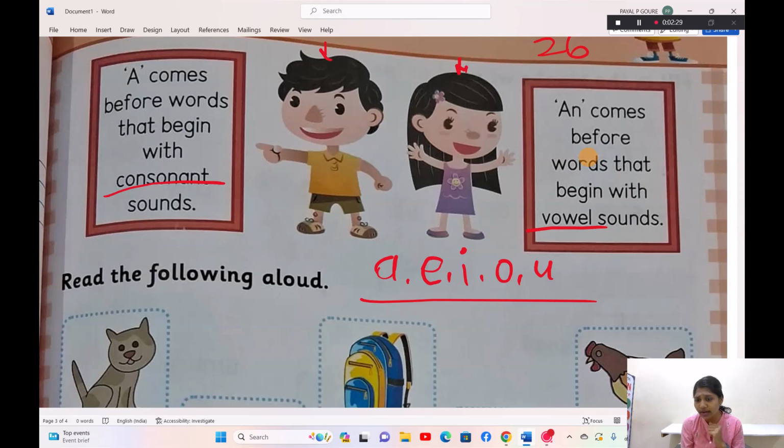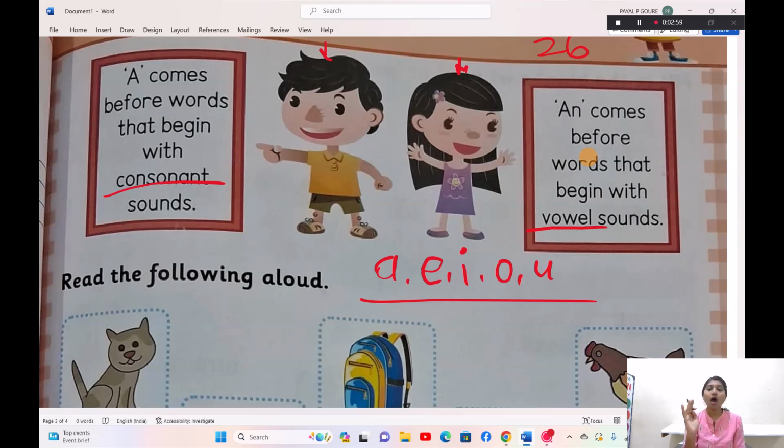Then what are the consonants? Consonants are the remaining letters like B, C, D. E is a vowel, so E will not come. F, G, H. I is a vowel, so I will not come. J, K, L, M, N. O is a vowel, so it will not come.